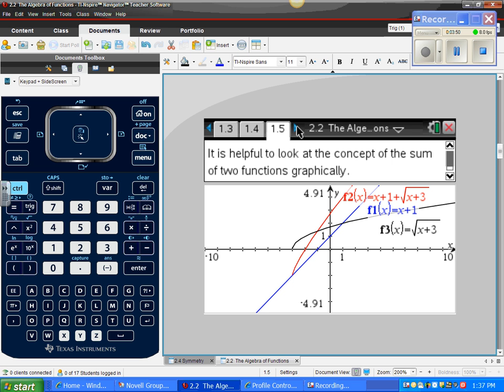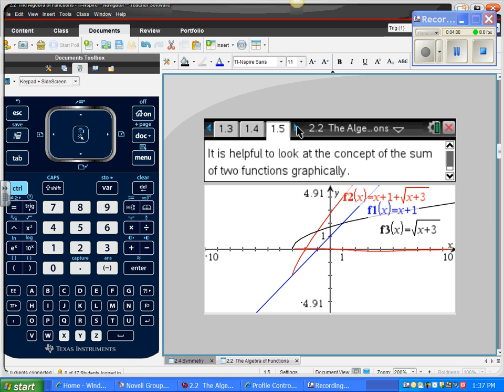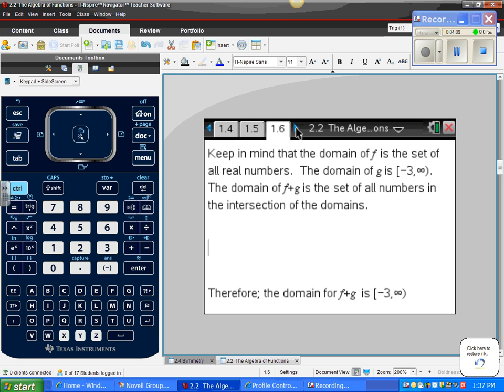Now, if I needed to come up with the domain of the sum of those two, it would be very easy to do it graphically because you can see what values of x and what values of y are being used. So we're going to get into a little bit of that as well. All right, so the domain there being negative 3 to infinity.